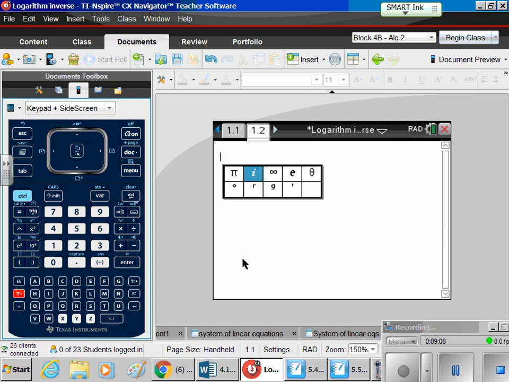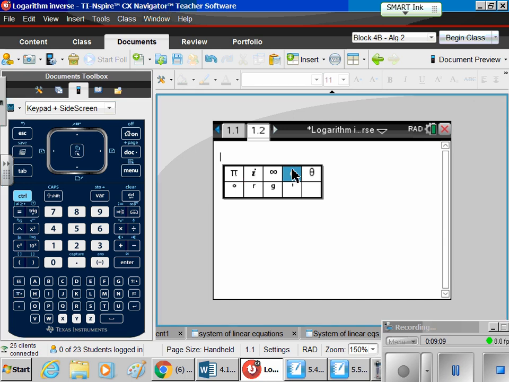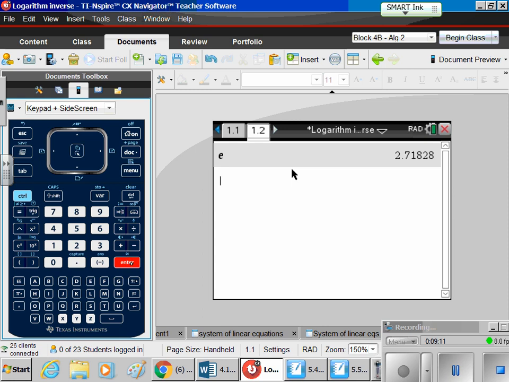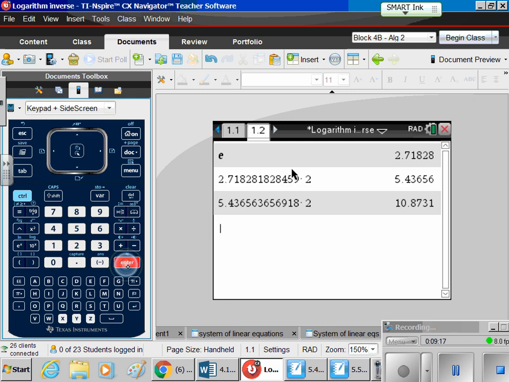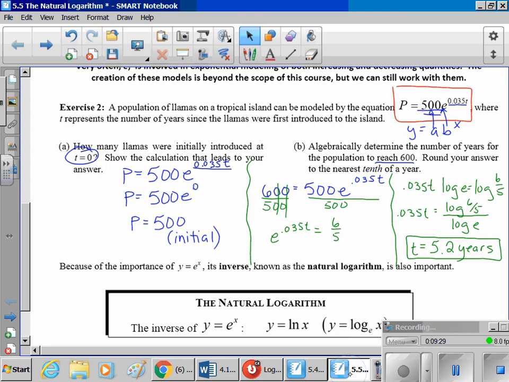So here's our e right here. When we put e here, I think if you enter it, you will get the 2.7. But if you did something like times 2, you'll see how it comes up with much more of it. It actually uses the actual number e and does not round it, which is very cool. All right, so let's go back to our lesson.